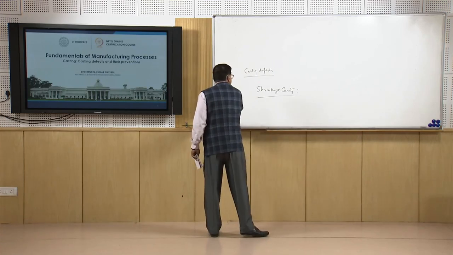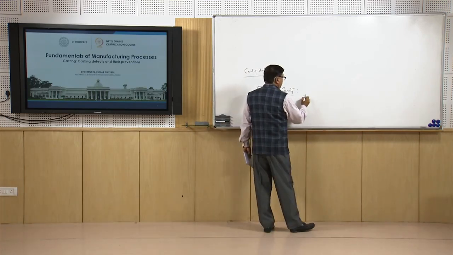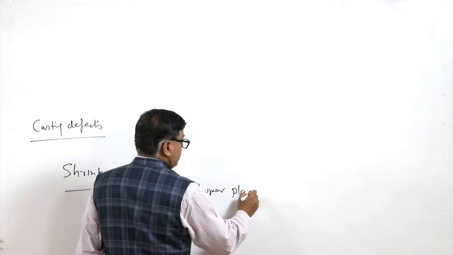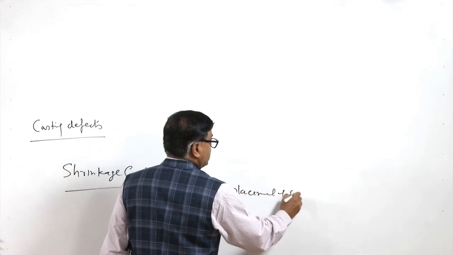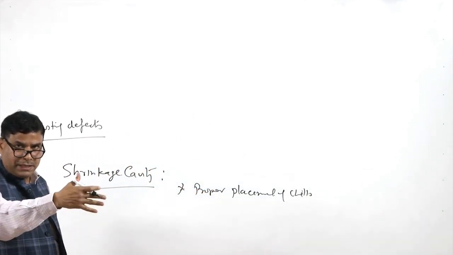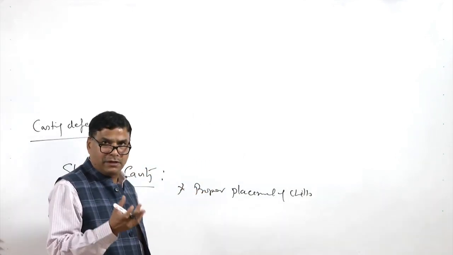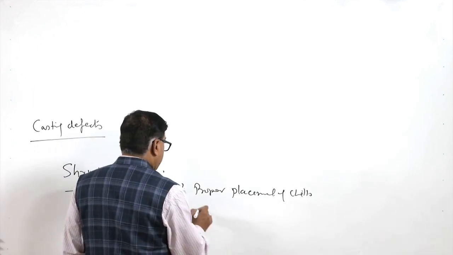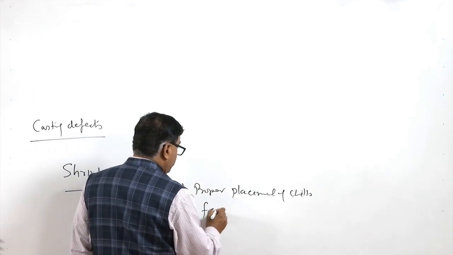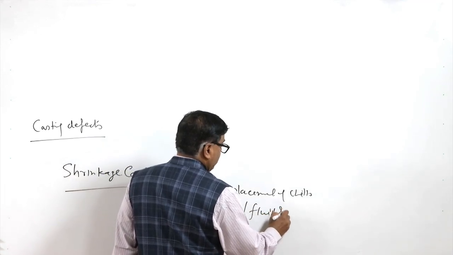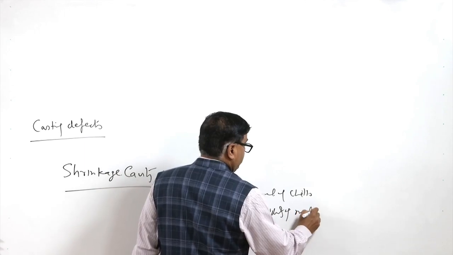So, there are two things which can be done: proper placement of chills, primarily to develop a suitable temperature gradient in the casting, so that directional solidification can be achieved in order to avoid the shrinkage cavity, and another is that feeding or the fluidity of the metal can be improved.